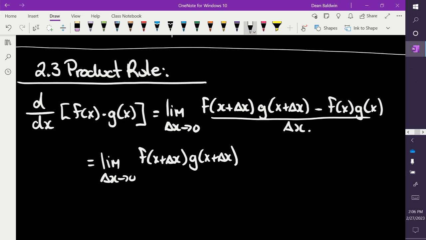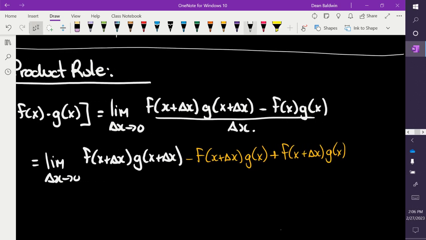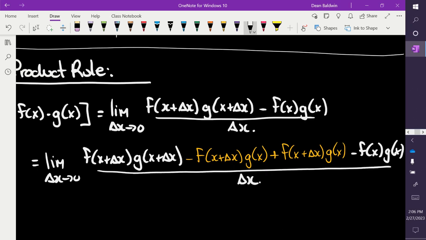But then they said, I'm going to add in this. I'll explain it in a sec. Yeah, they add to 0. The yellow part is the same, right? One's positive, one's negative.